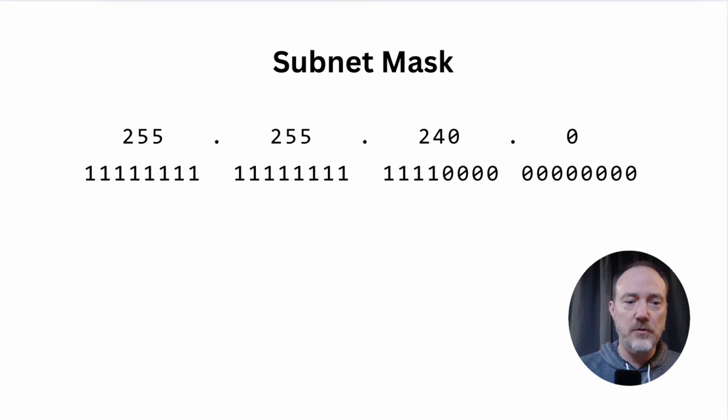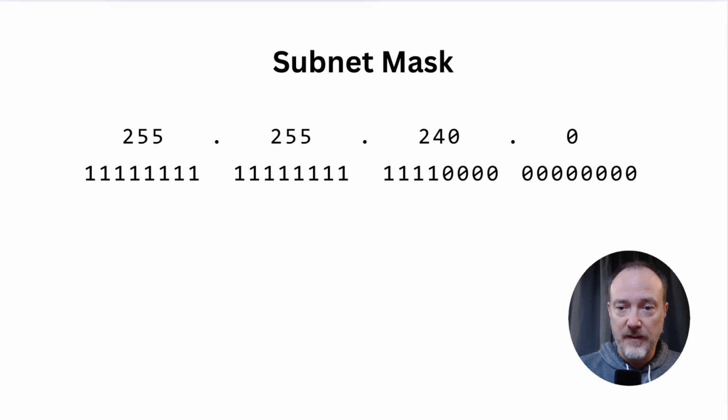So another way of notating this that might simplify the information a little bit is by telling us really the information we need to know: where do the bits switch from ones to zeros in the subnet mask. And so in this example, you can see the decimal version of the subnet mask is 255.255.240.0. That means we have an octet of ones, a second octet of ones.